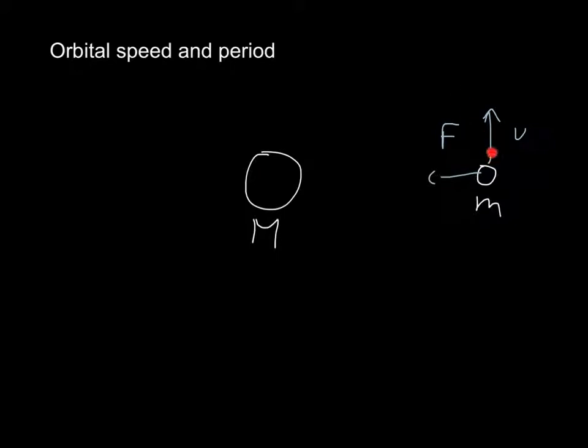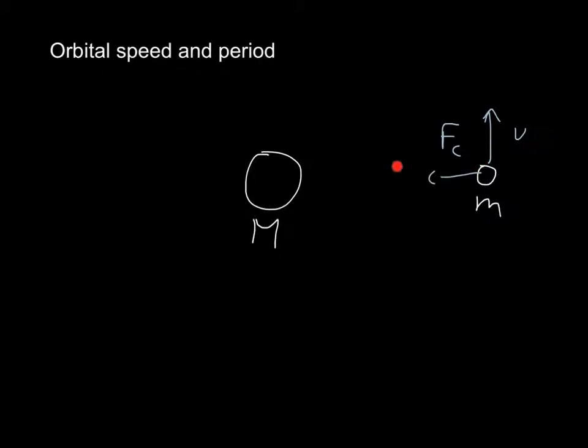This is going to create a circular path, which means that a mass inside a gravitational field, because there's a force always pointing towards the center, experiences a centripetal force. So the force of gravity in this case is our centripetal force, and it makes things go in a circle, because it's always perpendicular to the speed and always pointing towards the center.